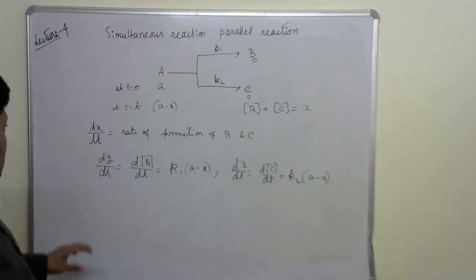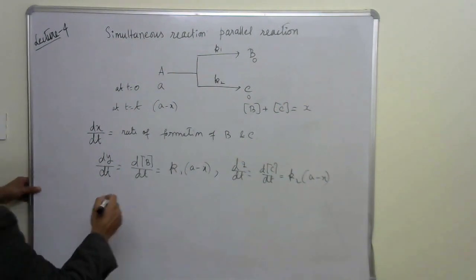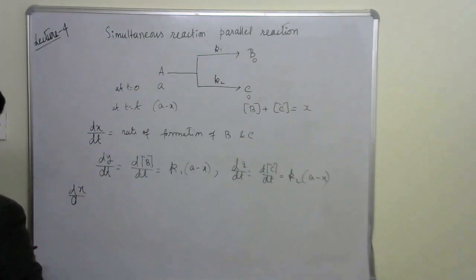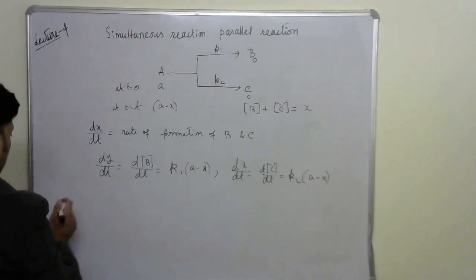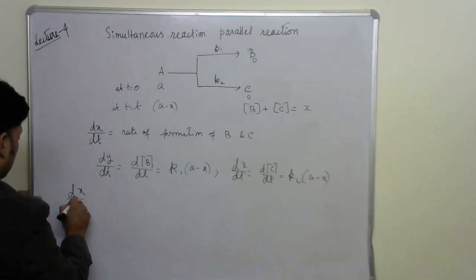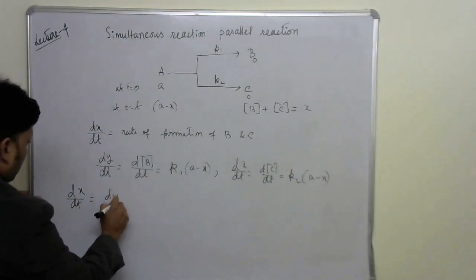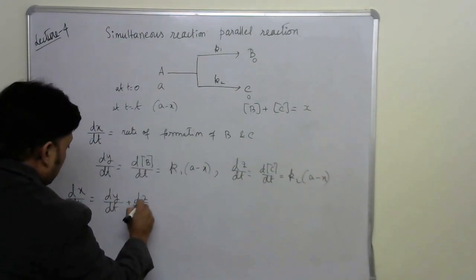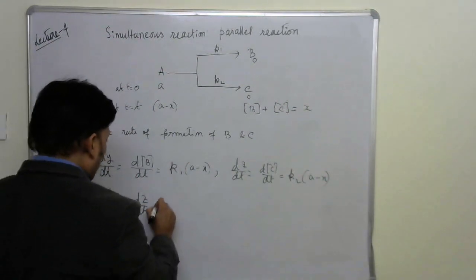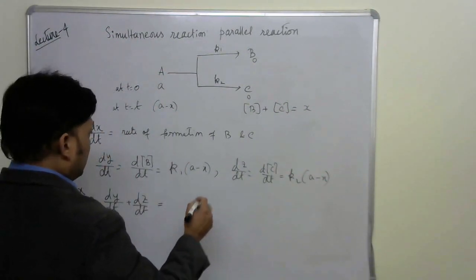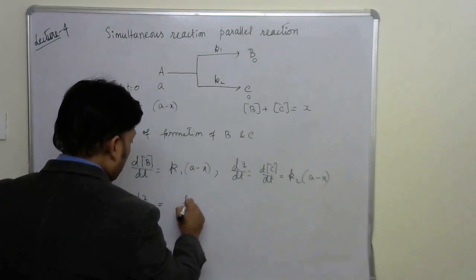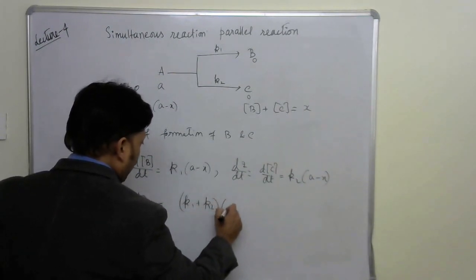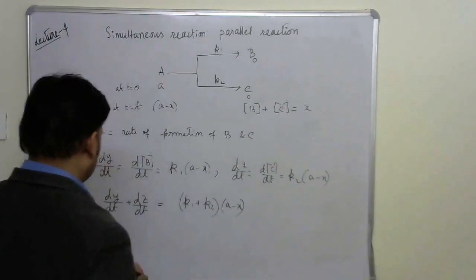So, of course, then dx/dt is equal to dy/dt plus dz/dt, and that gives us (k1 plus k2) multiplied by (a minus x).